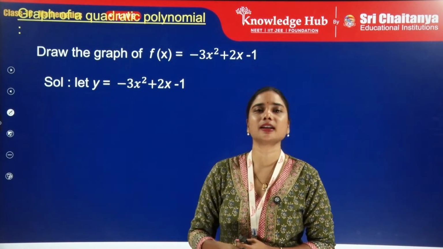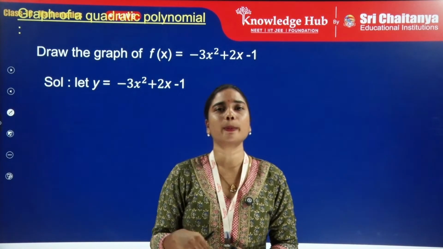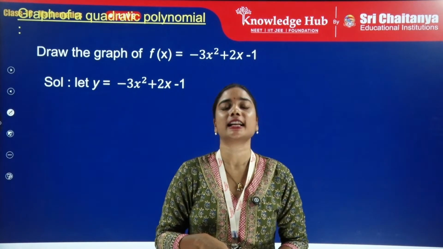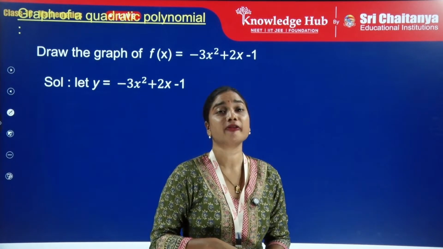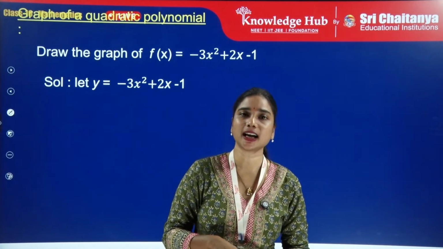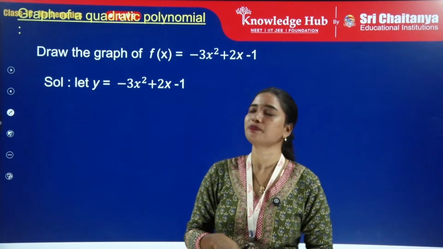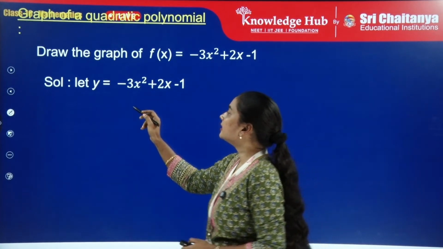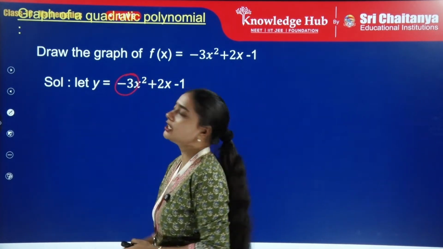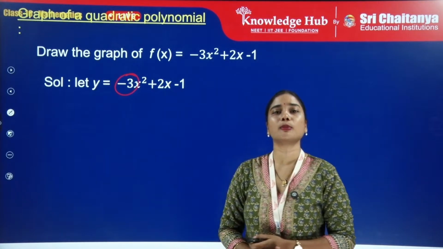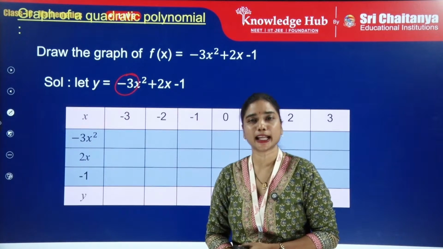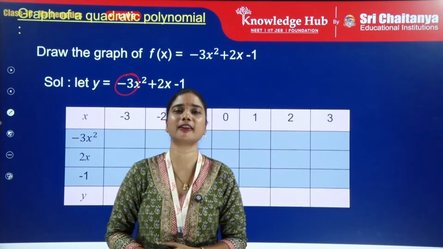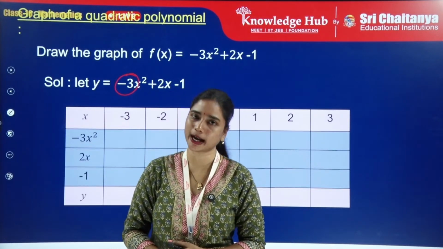As we have checked the parabola which opens in the upward direction, let's check whether the same thing happens to the parabola when it opens towards the downward direction too. As the coefficient of x square is -3, the parabola opens toward the downward direction. So take a table for finding the values of x and y.